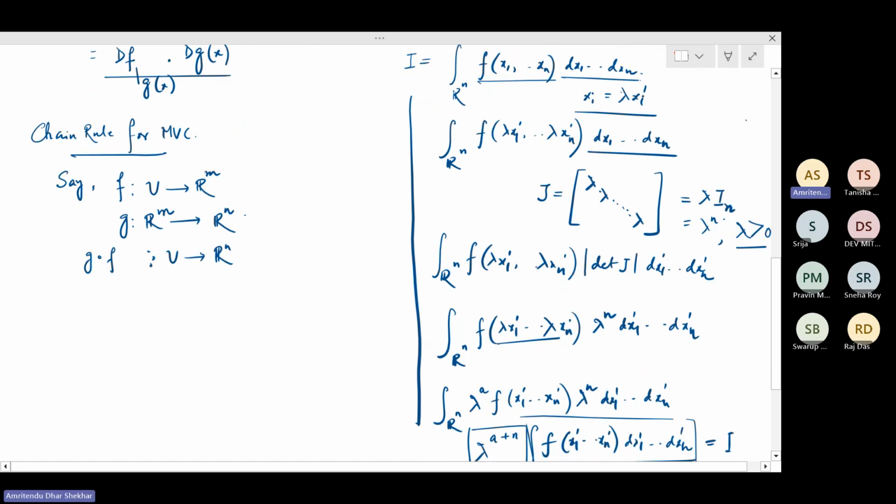The chain rule says again that, let's say this u is some subset of R to the power k, the derivative of g composed with f at the point x1 up to xk is equal to the composition of the derivative dg at the point f of x1 to xk, composed with the derivative df at the point x1 to xk.